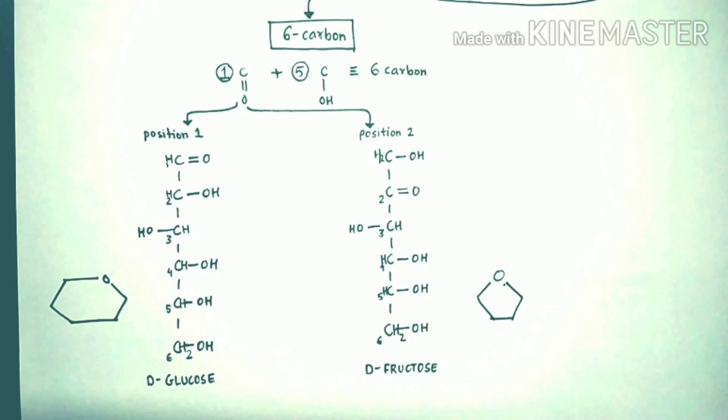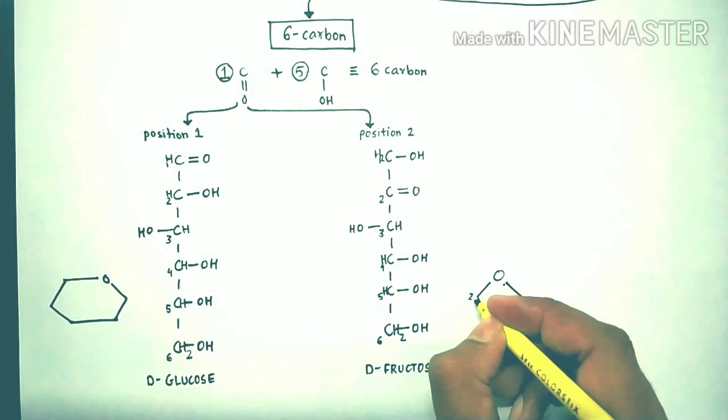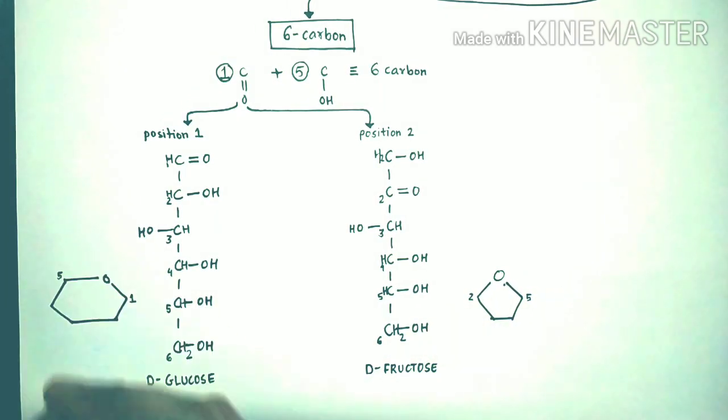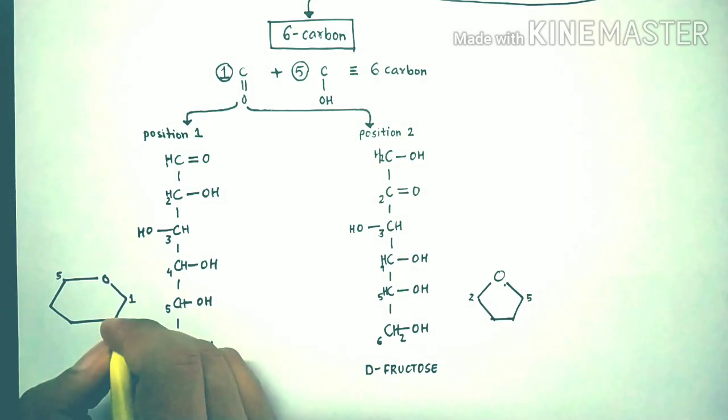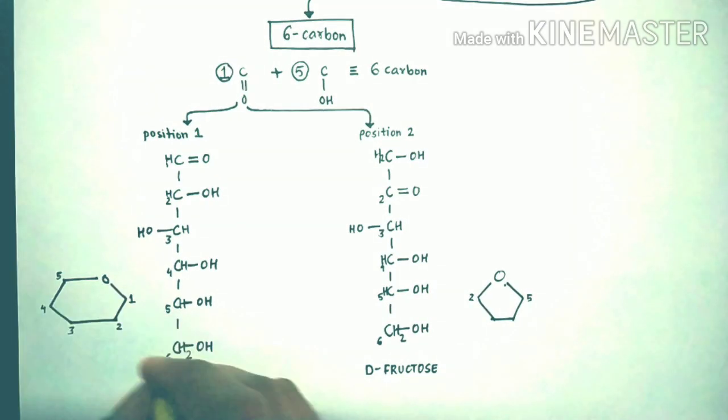A water molecule is removed and an ether linkage, that is a C-O-C linkage, is formed between the semi-last carbon and the carbon containing the C double bond O group. So in glucose, it is formed between carbon 1 and 5, and in fructose, it is formed between carbon 2 and 5. And all the carbons in the middle are included in the ring.